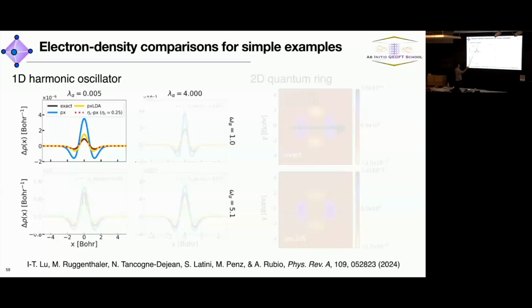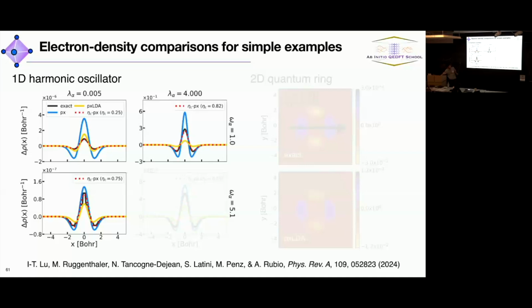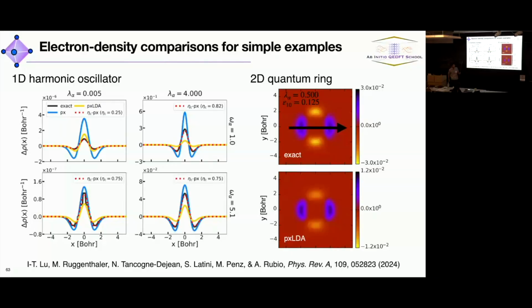The PSLDA becomes better if you go to higher frequency region, as I showed before. Also in the large coupling region, it will also capture the exact result more closely. Okay, so this is another example.